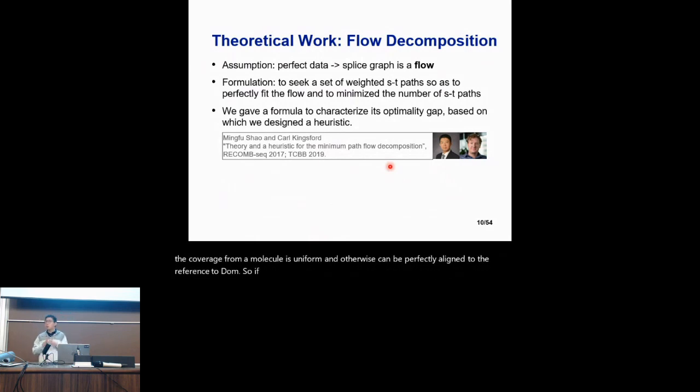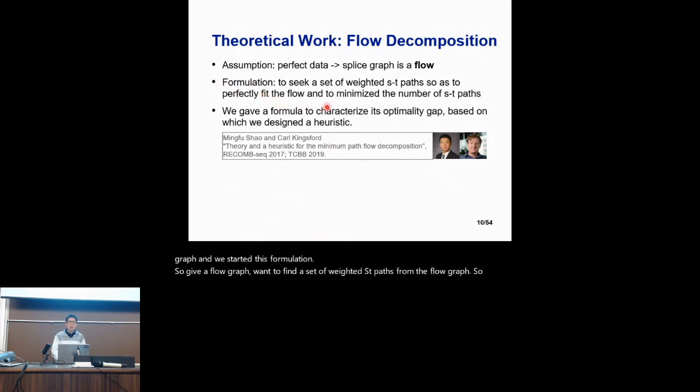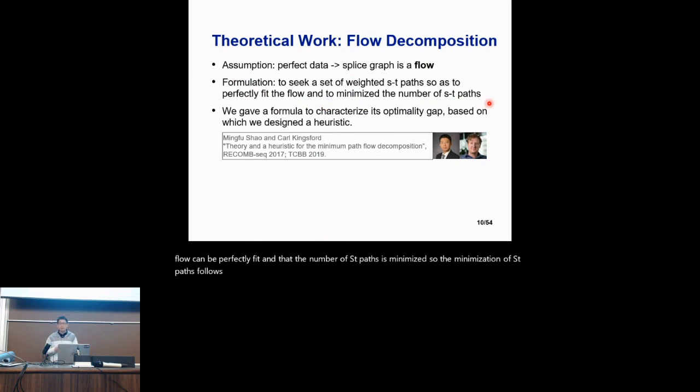If we make this strong assumption, then the splice graph becomes a flow graph. Given a flow graph, we want to find a set of weighted ST paths so that the flow can be perfectly fit and the number of ST paths is minimized. The minimization of ST paths follows from the parsimony assumption.